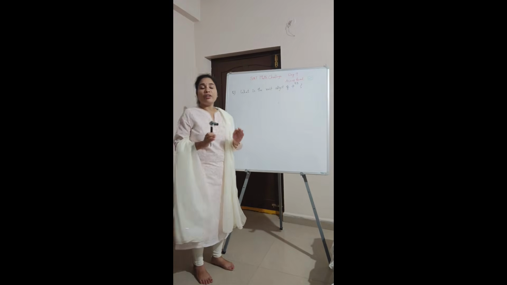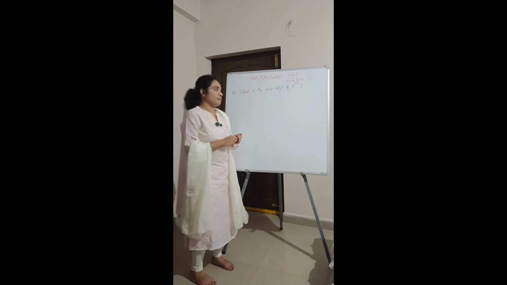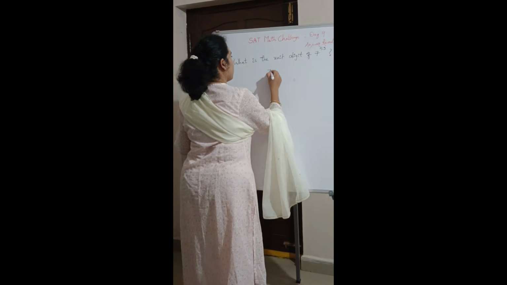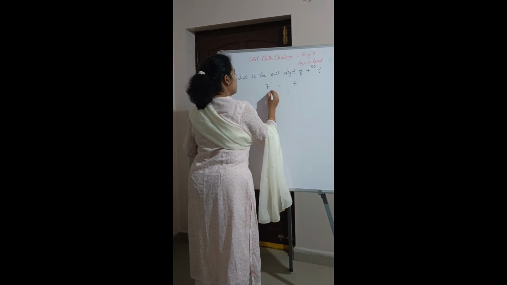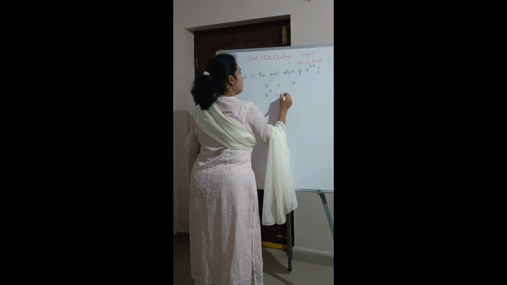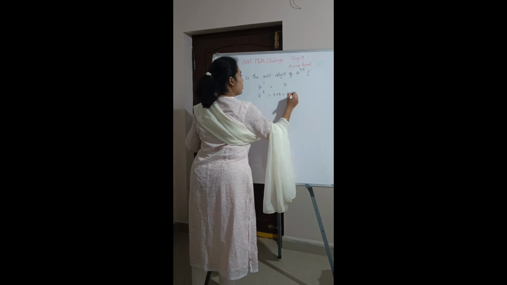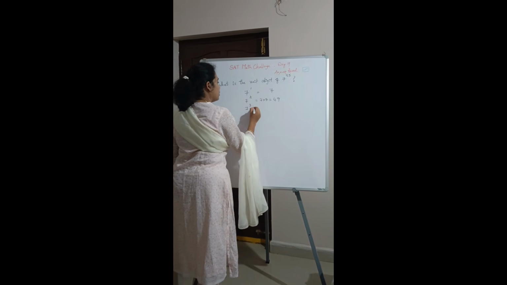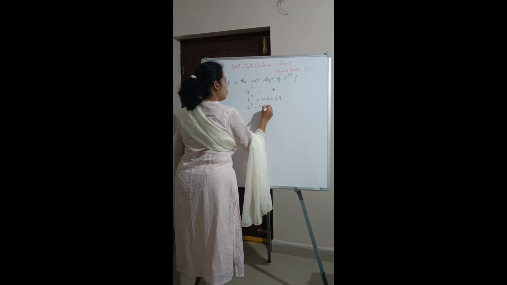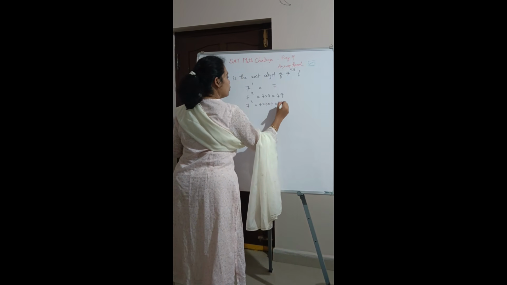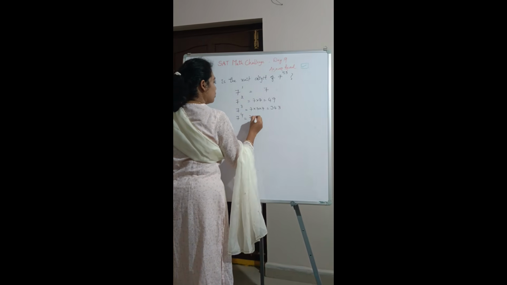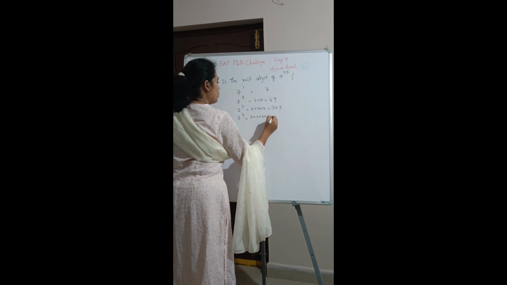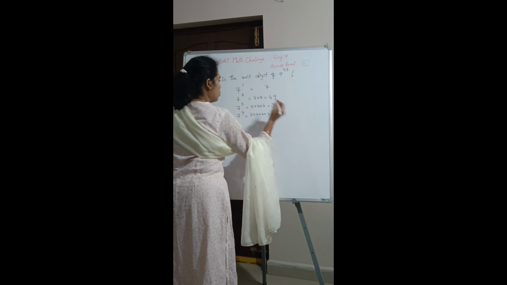So first of all, we'll write down the powers of 7. 7 power 1 is 7 and 7 power 2 is 7 multiplied twice and we'll have 49. 7 power 3 is 7 into 7 into 7 which is 343. 7 power 4 is 7 into 7 into 7 into 7 which is 2401.